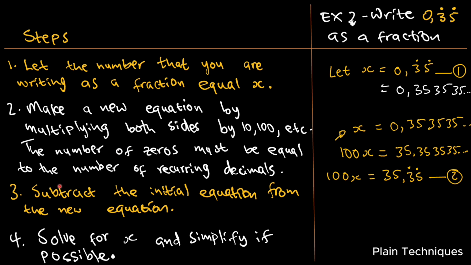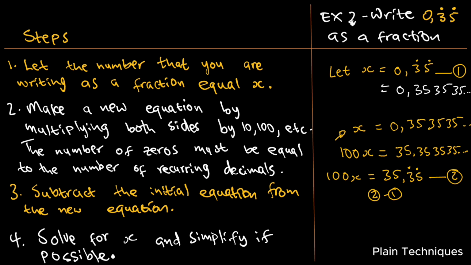Now let's go to the third step. The third step says you need to subtract the initial equation, equation 1, from equation number 2. So we need to say equation 2 minus equation 1. What do we have for equation 2? We have 100x minus x.